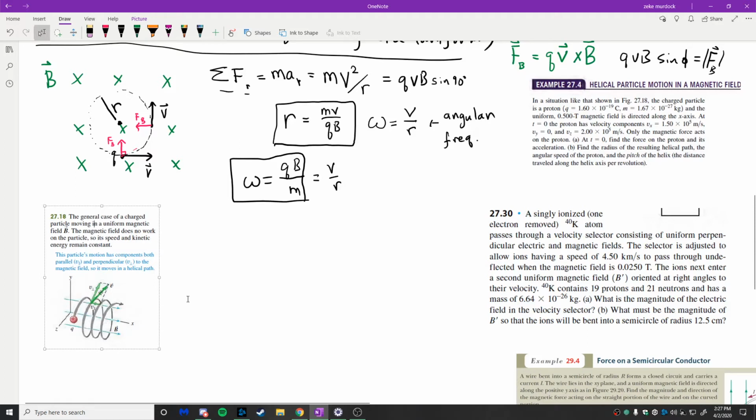The magnetic field can't actually change the speed of the particle. Does that make sense? It can only alter the direction that it's moving. You guys understand? Because the vector for the force is always at right angles to the velocity vector, it can never speed the particle up, right? All that the magnetic force can do, it acts like the steering wheel in your car, right?